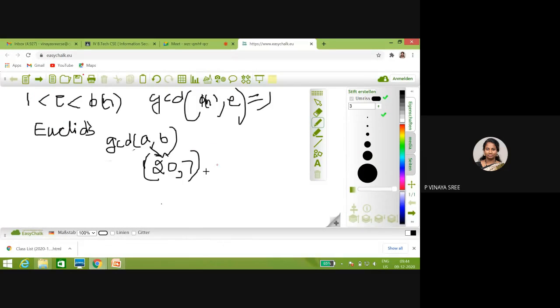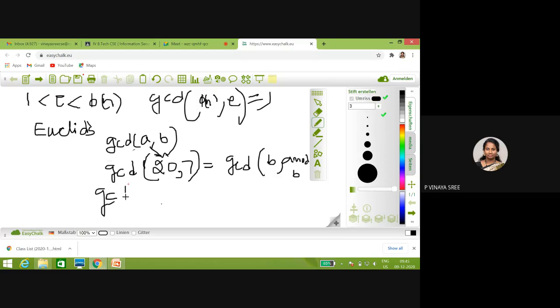So 7. Okay, so this is your GCD, and according to the Euclidean algorithm, the formula is GCD of B comma A mod B. A is 20, B is 7.